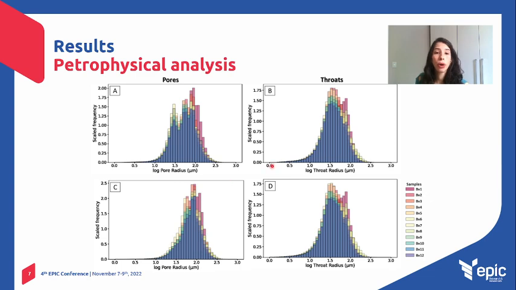Now, throat radii, both in relation to total and effective porosity, exhibit unimodality, showing a decrease in frequency peaks, but no measured change in their peaks when comparing total and effective porosity.